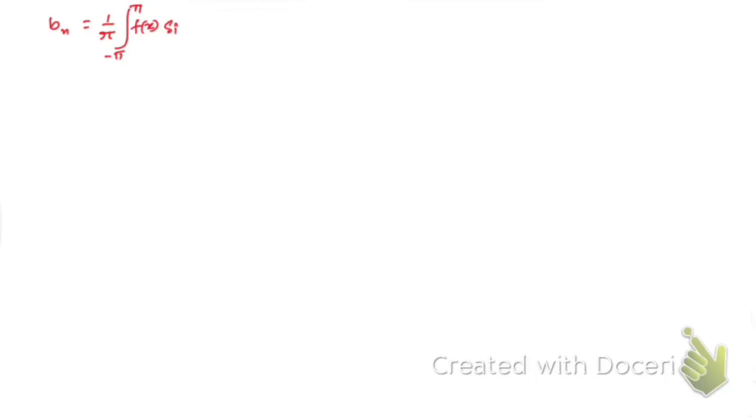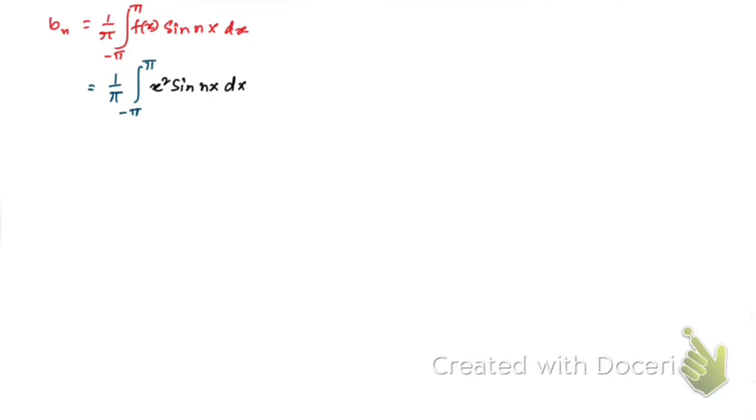sine nx dx. Now 1 by pi, f of x is our x square, minus pi to pi x square sine nx dx. That's what we will get, right?